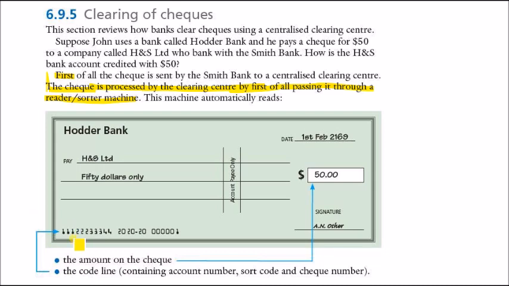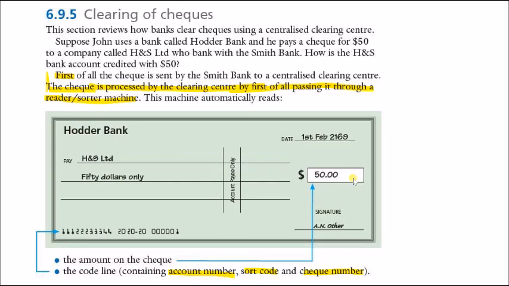The MICR will check the code line containing the account number, sort code and check number. This is done by the MICR, but reading the amount of the check, the money, is done by a human.